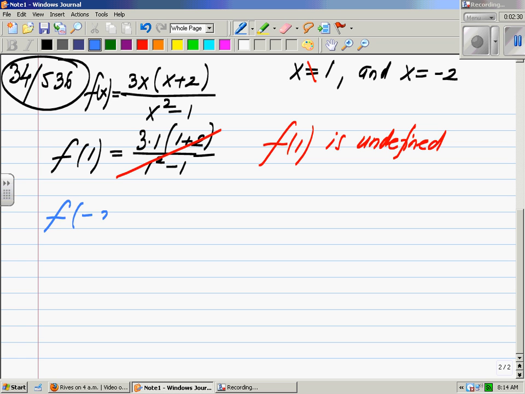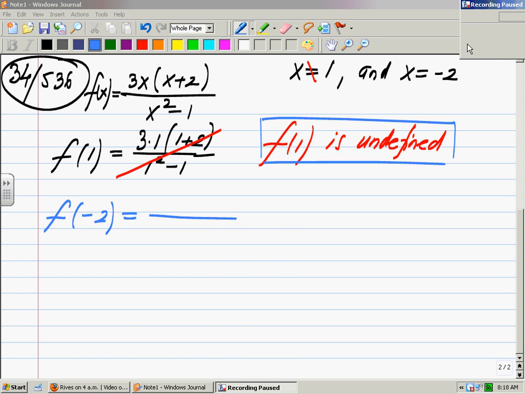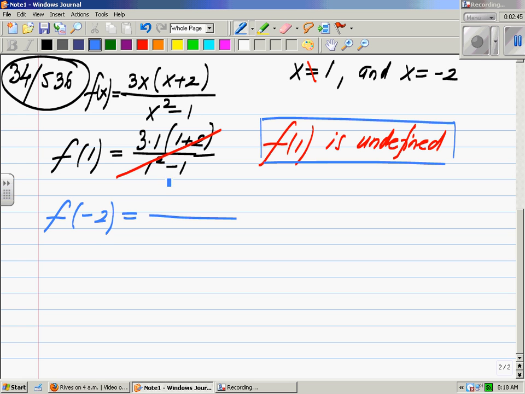F of negative 2 equals, wherever you have x, you will substitute negative 2. So I have 3 times negative 2 times negative 2 plus 2 over negative 2 squared minus 1.